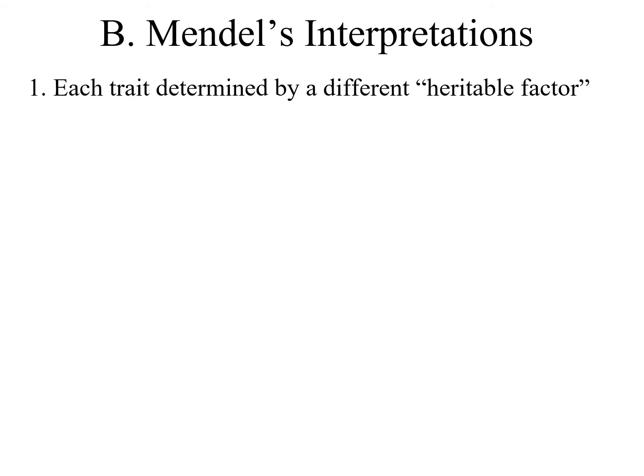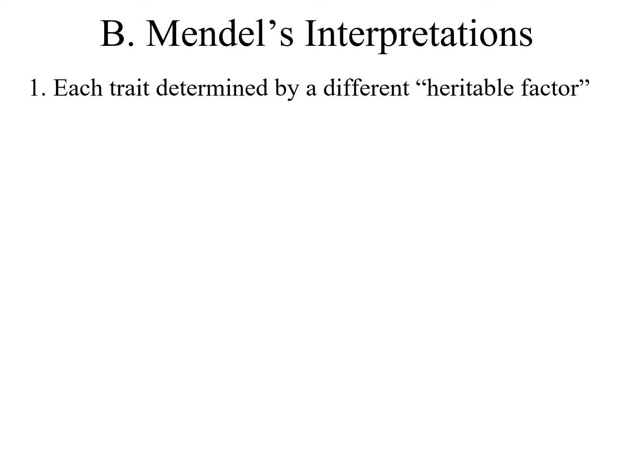Number 1 was that each trait, like the flower color or the plant height, is determined by a different heritable factor. Right? So that's a translation of Mendel's term, a heritable factor. Today, we call those heritable factors genes.